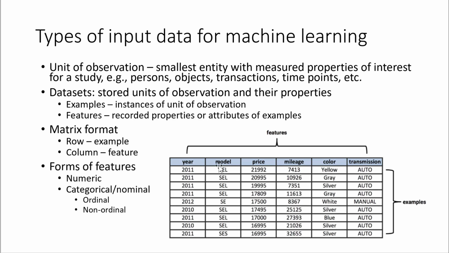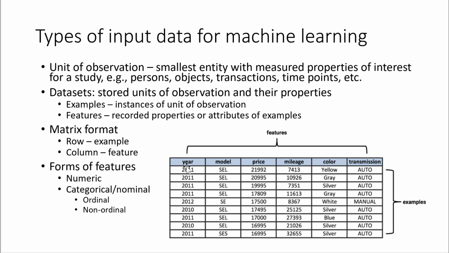So we have rows and columns. The rows are usually called examples, and the columns are usually called features. Each column corresponds to one feature. For example, in this table, you can see the unit of observation is cars, right?